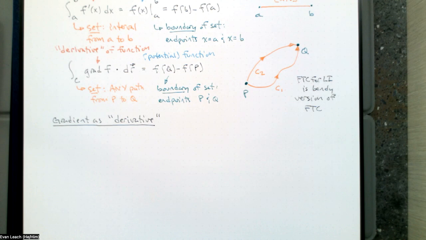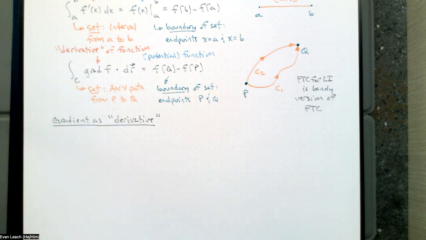So it's useful to think about the gradient, which is the direction of maximum increase. And then if we're going in some other direction, we can use the dot product because the dot product is multiplication at an angle. So that's the thinking part of the gradient as the derivative.